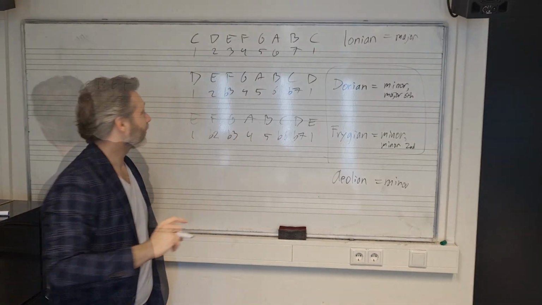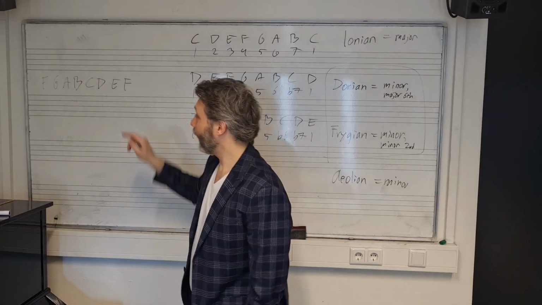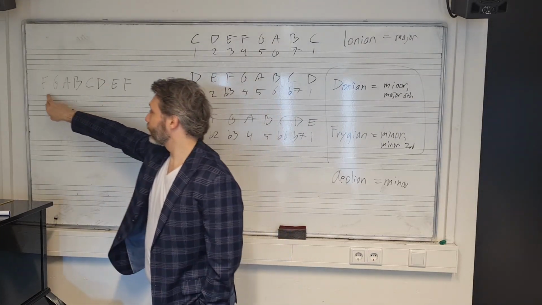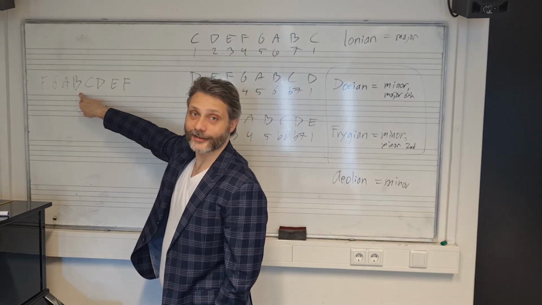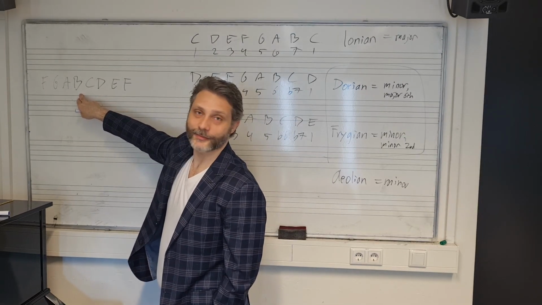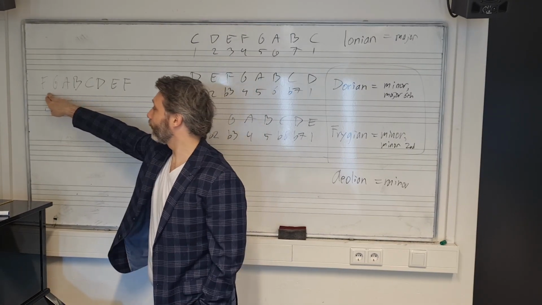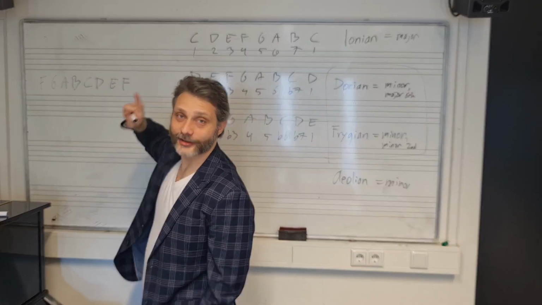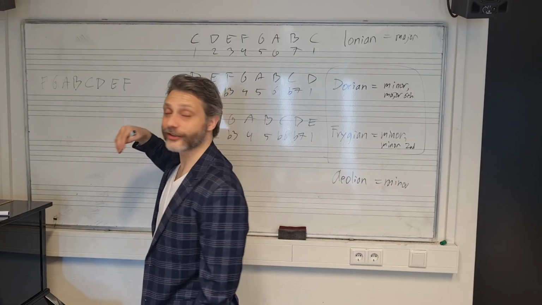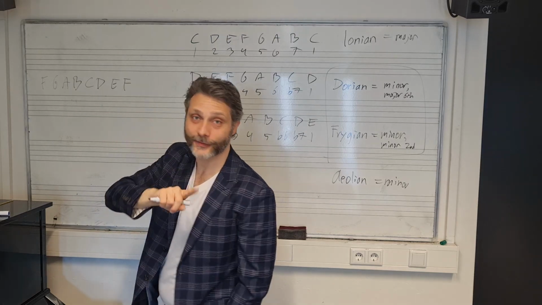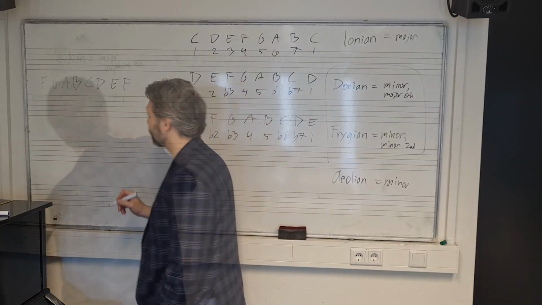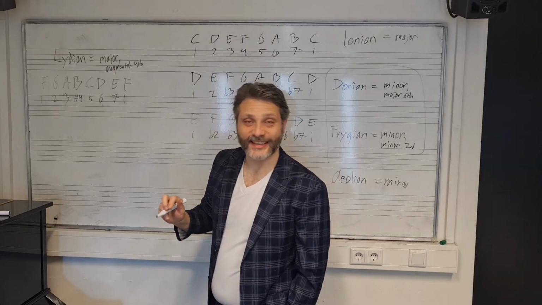But there's two more. If we take F major, we would expect there to be a B flat again. This time there isn't. So our fourth note is higher than we expect it to be. It's an augmented fourth, not a perfect fourth. And this scale is called Lydian.